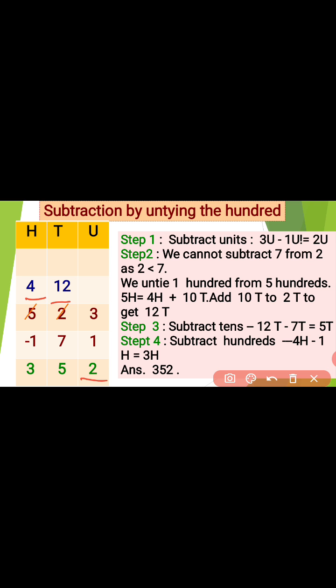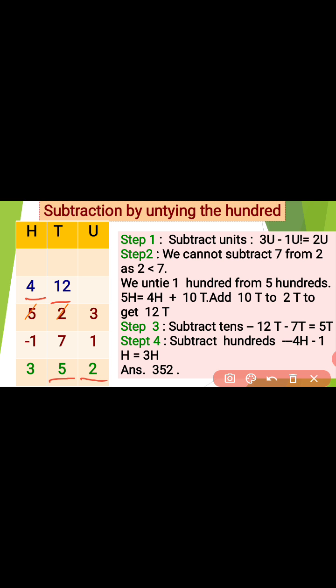So we got 12 on the top. So now we can subtract 7 from 12. The answer is 5. And here in the third step we have subtracted 7 tens from 12 tens. So we get the answer 5 tens.